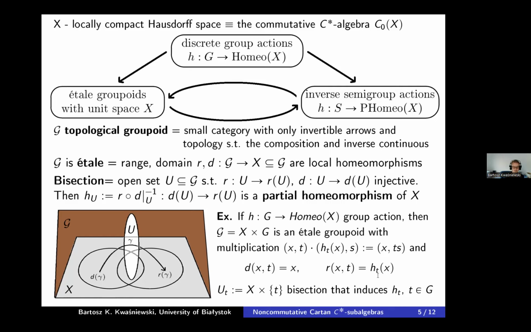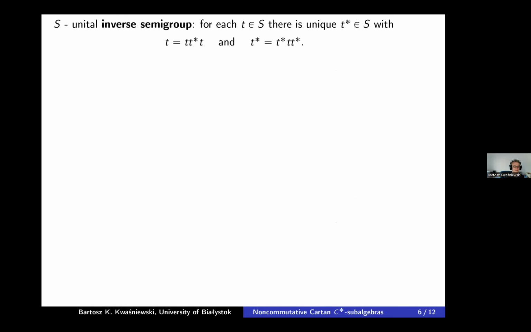In general, bisections do not form a group, they form an inverse semigroup. I will consider only unital inverse semigroups here. This is a unital semigroup such that it will be an inverse semigroup if any element t has a unique generalized inverse t star. These relations are familiar to those who work with partial isometries.